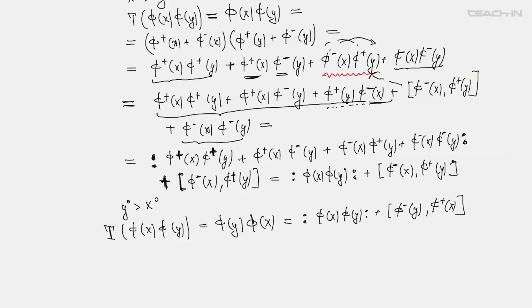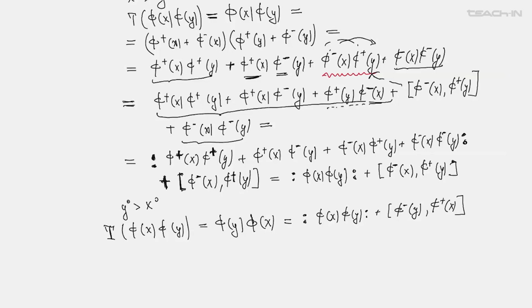So it does not matter in which order you write the operators under the sign of normal ordered product. This sign tells you that when you write it as an explicit operator, all the annihilation operators should stand to the right from creation operators, regardless of what order the fields are under this normal ordered product.